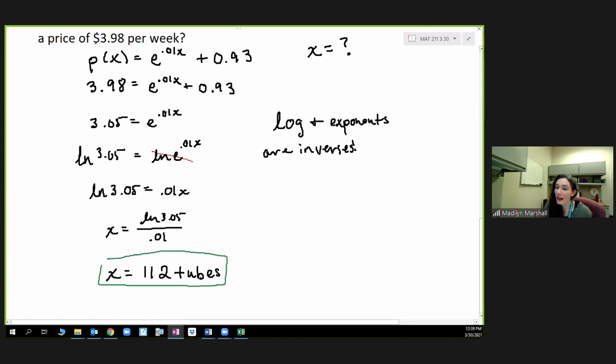This is not something that comes out in this class a whole lot, but it is an algebra skill that we need to have ready to go in times like this.